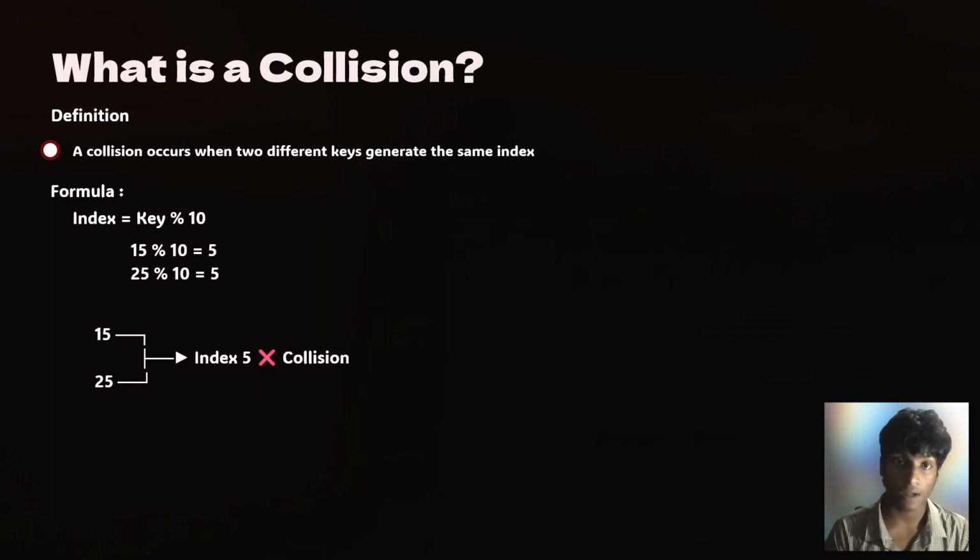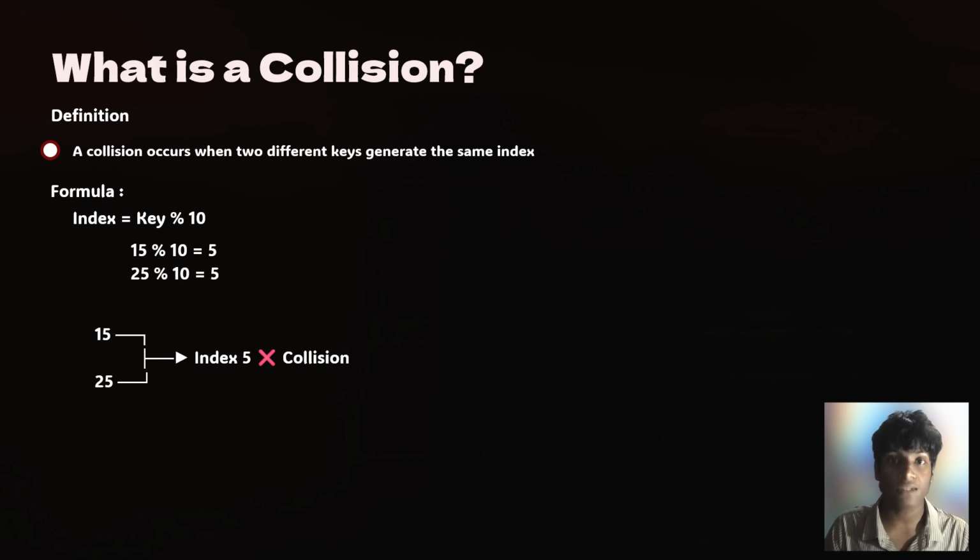Let's look at a simple example. Suppose we have already stored the key 15. Using our hash function, 15 modulus 10 is 5, so the key 15 is stored at index 5. Now let's insert another key, 25. Again, we apply the same hash function: 25 modulus 10 is 5.